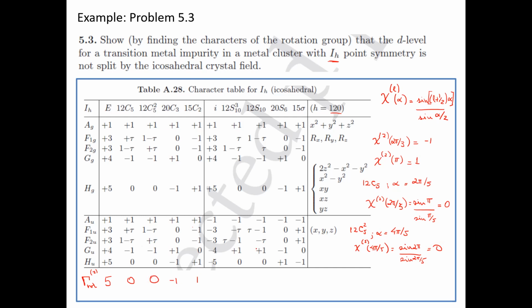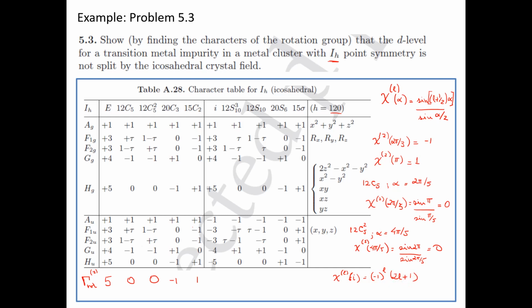Okay? So what about the remaining columns? We learned last time that for the inversion, the character was simply minus 1 to the L times 2L plus 1.